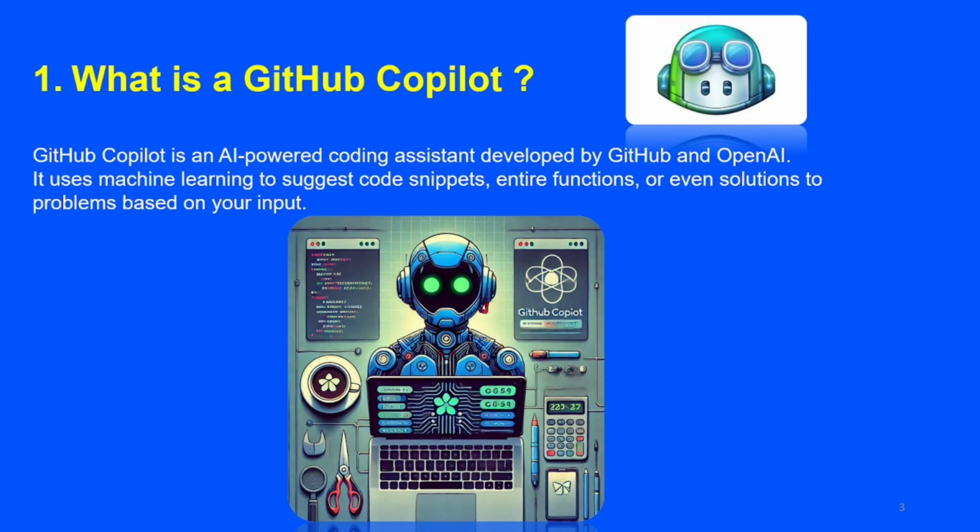GitHub Copilot is an AI-powered developer assistance tool. It was built by OpenAI and GitHub together. It uses machine learning models to generate code snippets or similar functions or algorithms. If you give a problem, it will give a solution as well.